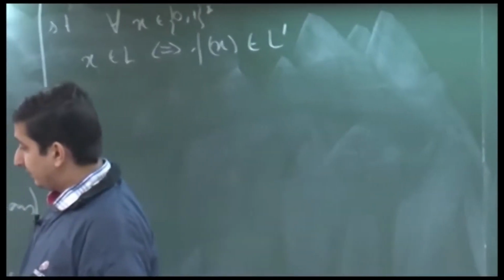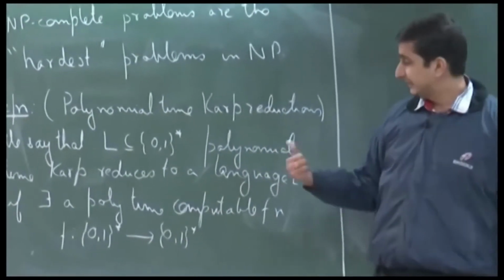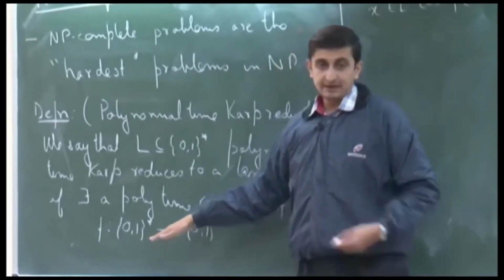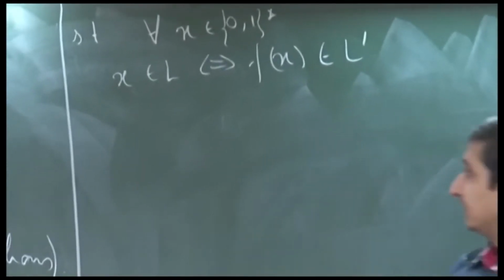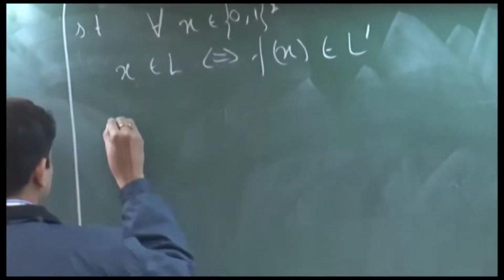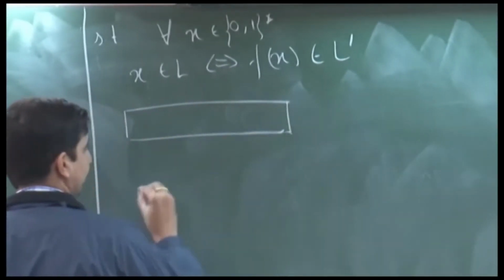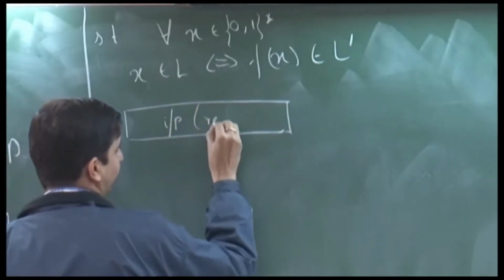It means that there is a polynomial time Turing machine which, given the string x, will output the string f of x on its output tape. So we consider the following model. Our Turing machine has these 3 tapes. It has an input tape, and the input tape is read only.